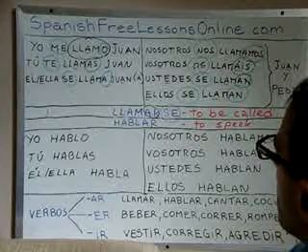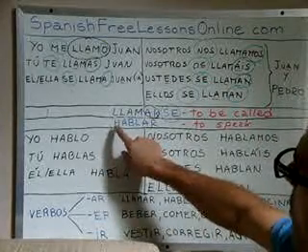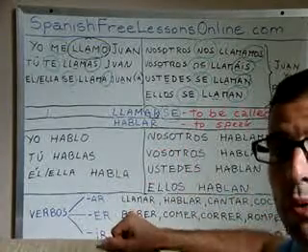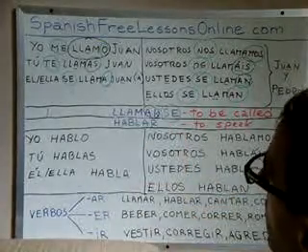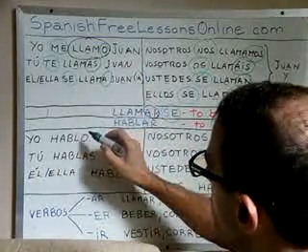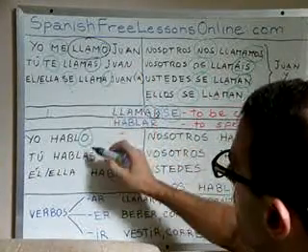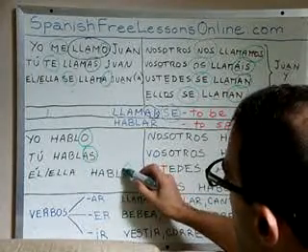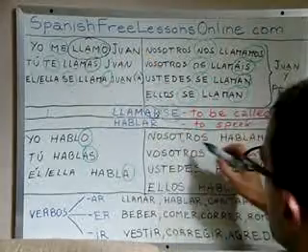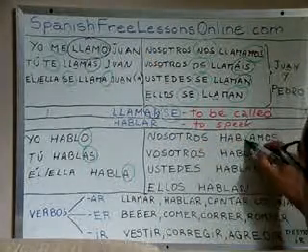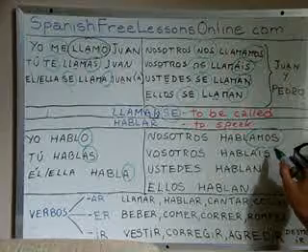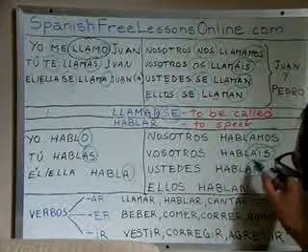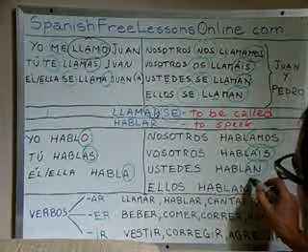So you can see, if we strip off from the verb hablar the ending ar, we just keep the root habl. Okay, so for the first person we just add the o. You see, hablo. Tú hablas, él or ella habla, same as here. Nosotros hablamos, vosotros habláis, ustedes hablan, ellos hablan.